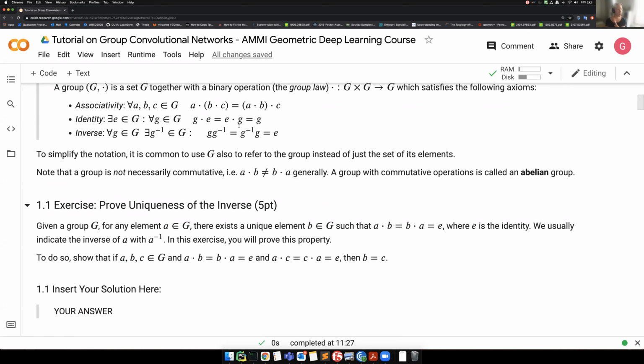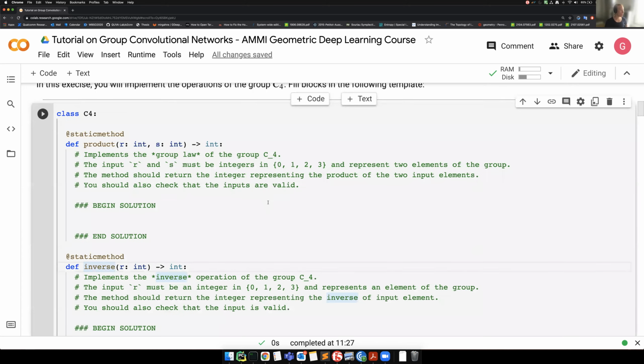You've seen these properties. You know the definition of this product, so now you can kind of invert this operation. If you know that there should be a G inverse such that G times G inverse is equal to the identity, you can write this down and invert this equation to find out what is G inverse. And that's what I want you to write here.